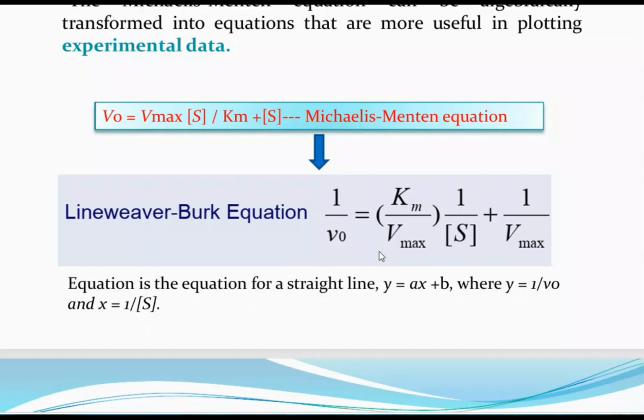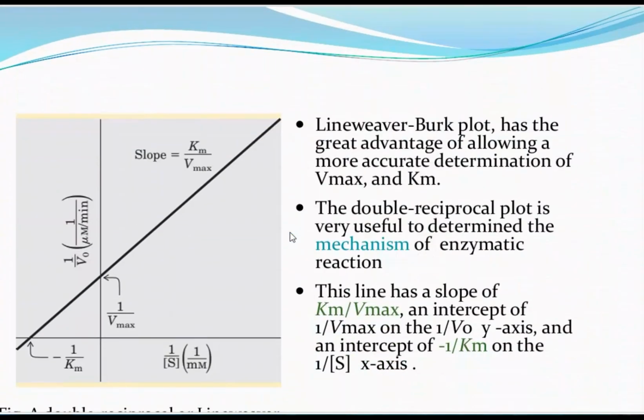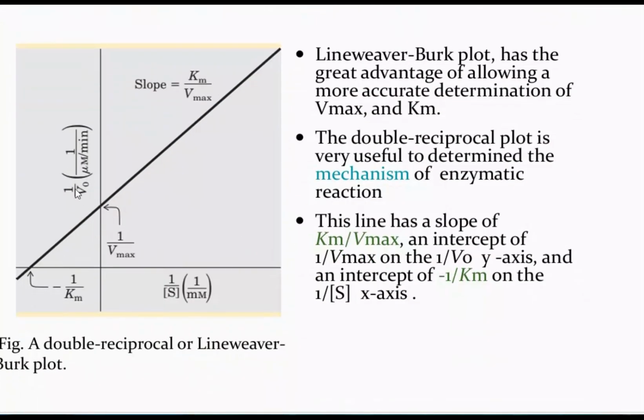And moreover, we also get the value of a, that is the slope, from this equation. So like the Michaelis-Menten equation, if we graphically plot the Lineweaver-Burk equation, we get the curve of 1 by V0 against 1 by S, whereas in the Michaelis-Menten equation we learned V0 against substrate S concentration.